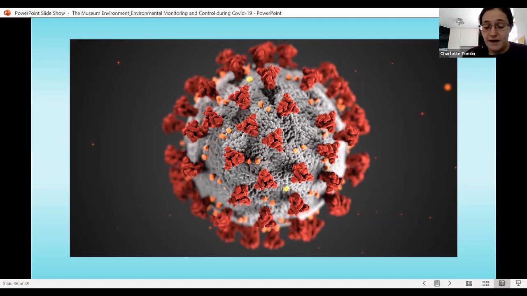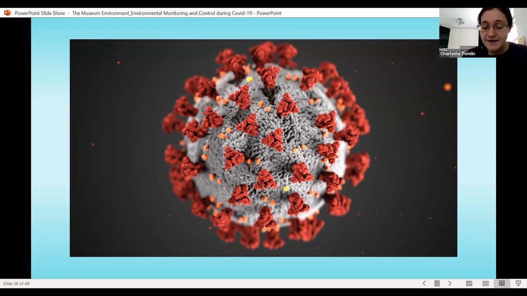Research has shown that although the survival rate of the virus on surfaces reduces as the RH increases, this reduction is not linear. Increasing the RH from 40% to 60% has a much bigger effect on reducing the survival rate of the virus than the comparative change of increasing RH to above 60%, which also has the negative impact of allowing mould growth.